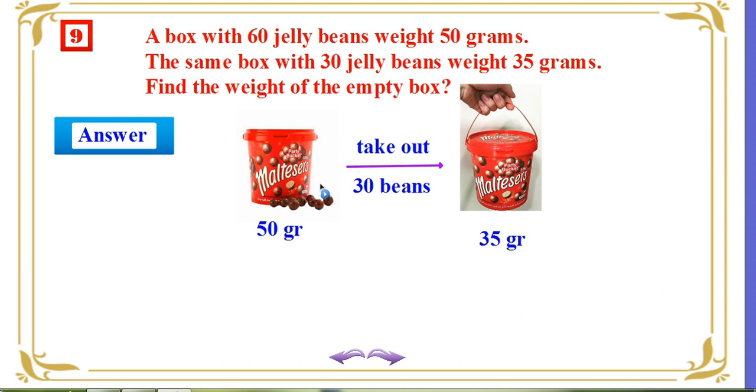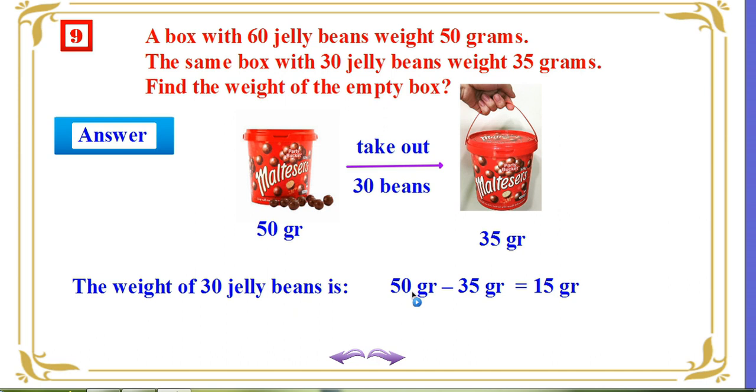So the weight of the 30 candies removed is the difference in weight before and after taking the beans. So the weight of 30 candies will be the difference of 50 grams and 35 grams, which gives 15 grams.